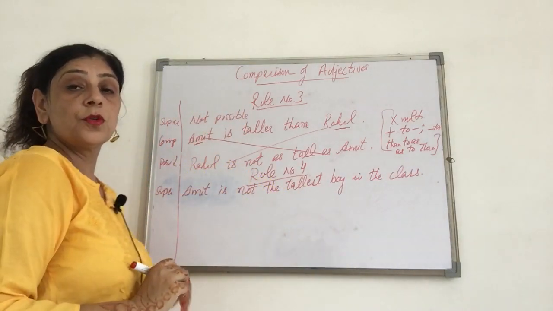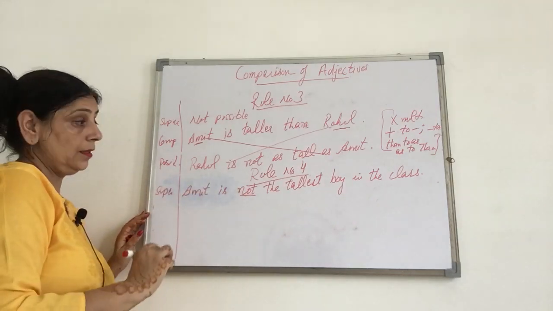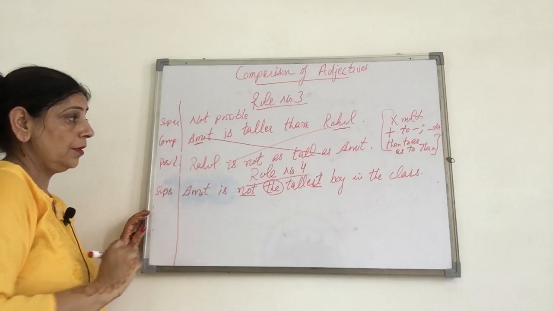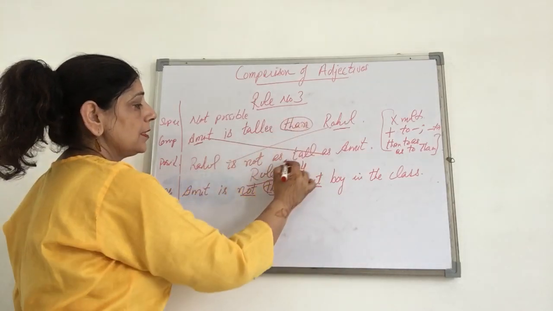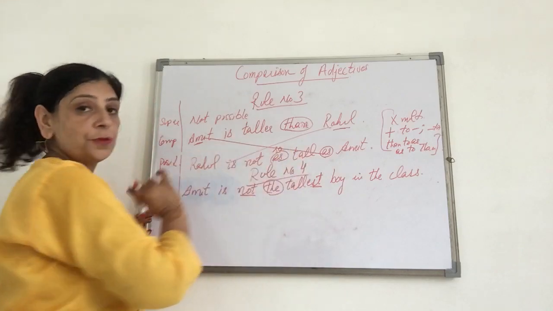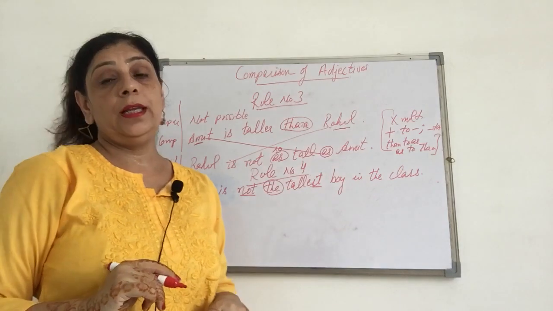This is a superlative sentence. Tallest, superlative, the is the compulsory word, you know it. Here also you know the compulsory words. This is than and this is as. This as can be changed into so, you know it by now. Amit is not the tallest boy in the class.